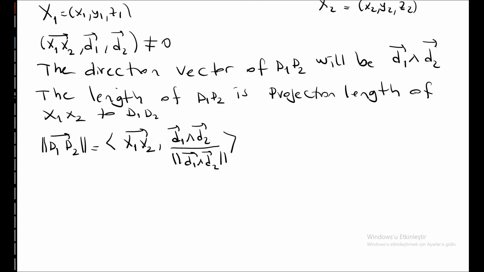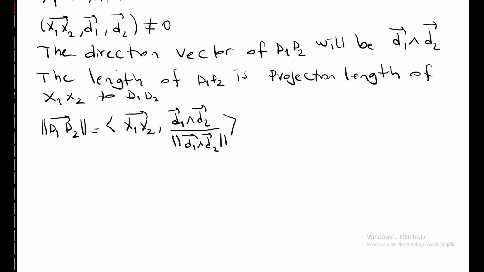Of course, we need to put this one because we are looking for the length. So let me put the absolute value of this one. Okay, this is absolute value. So it cannot be negative. That's why it will be convenient to put this absolute value.